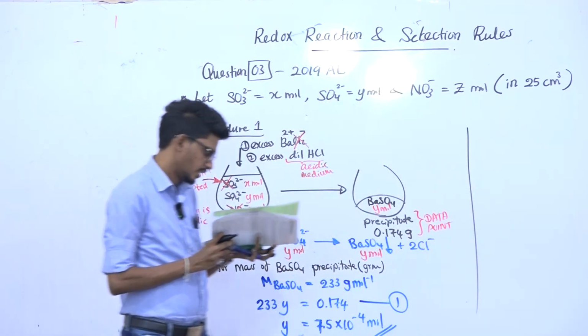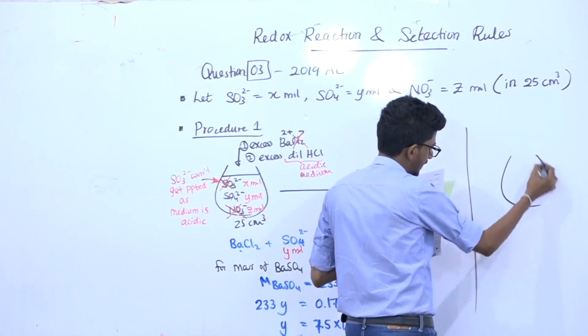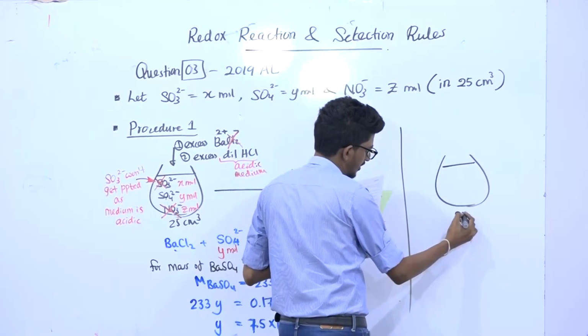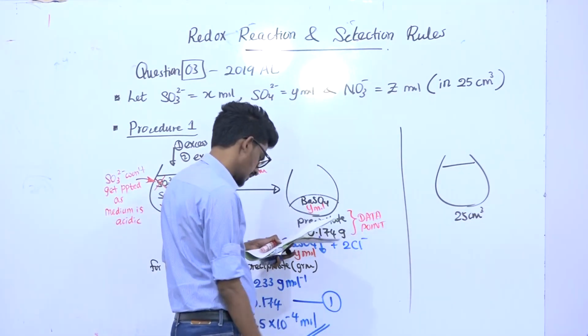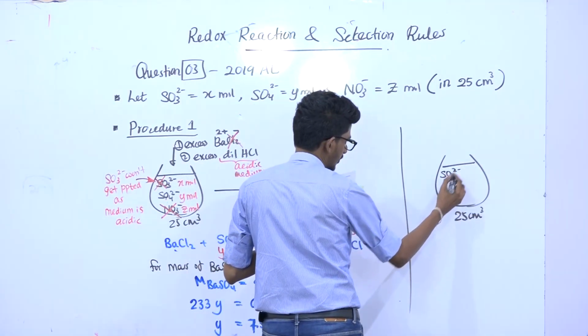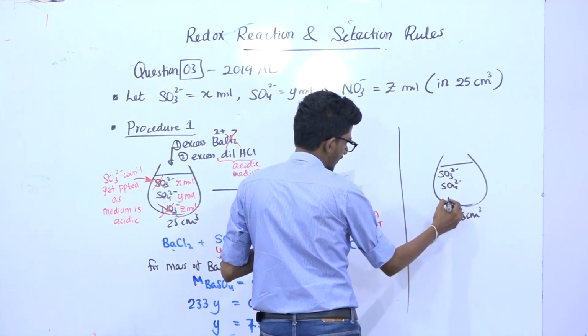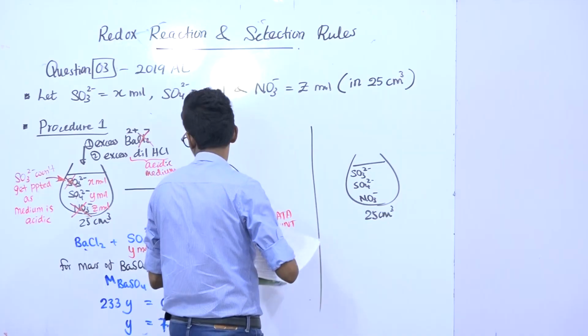See what they are saying. To another 25 cubic centimeters of sample y. So another 25 cubic centimeters are there. Sample y contains SO3 2 minus, SO4 2 minus, as well as nitrate ions.